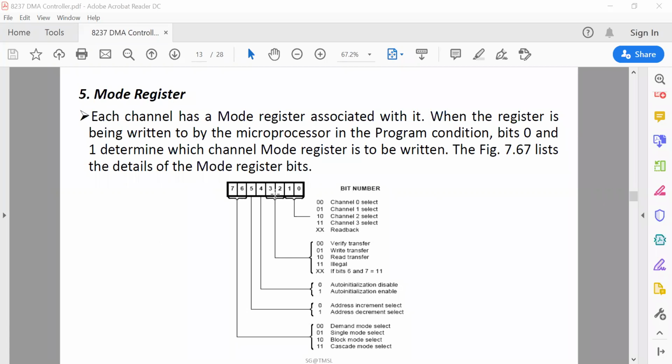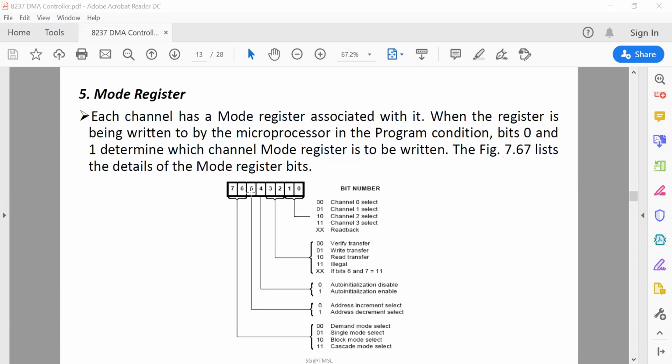So there are 3 different types of DMA transfer operation, and you need to select which type is to be implemented according to your requirement. Bit 4 of the mode register indicates whether auto initialization is selected or not, while bit 5 indicates whether address increment or address decrement mode is selected.